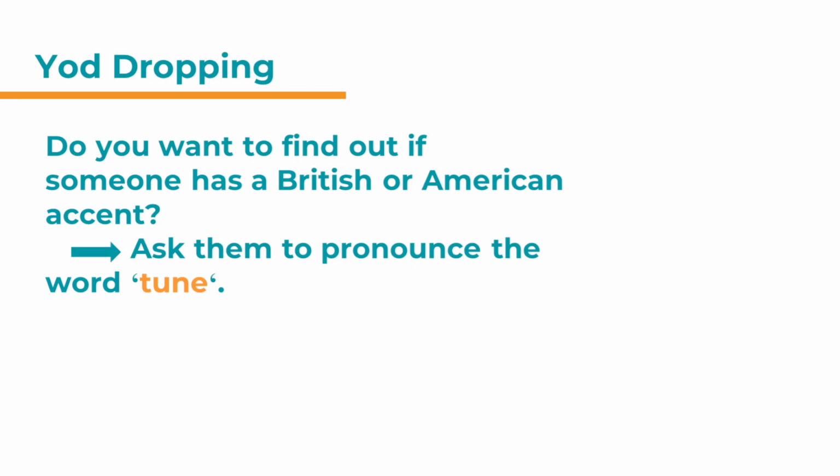If they say tune with a y or a j, those are probably people from Britain, maybe also from New Zealand, Australia, South Africa, where British English is a little bit more spoken. Or do they say tune without the y? Now, those are most likely people who are either from North America or have learned North American English. So you could try it out.